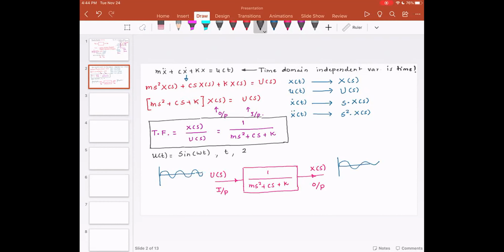Now, good news here is all this transformation, all this mathematical analysis, can be easily performed using MATLAB. In other words, you don't really have to go through taking the Laplace transform of input, multiplying that with the transfer function, and then finding the Laplace transform of output and doing the inverse of the Laplace transform.